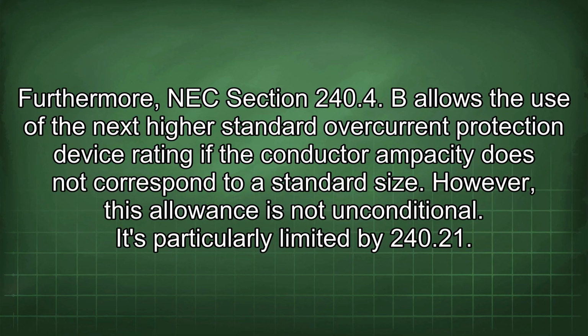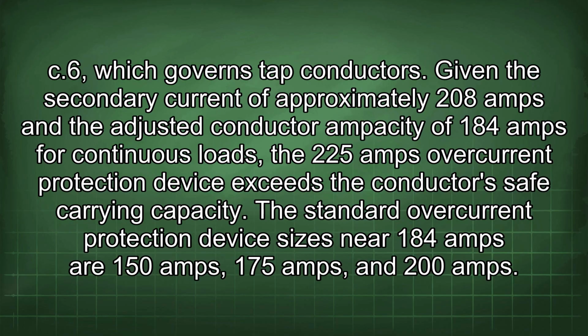Furthermore, NEC section 240.4(B) allows the use of the next higher standard overcurrent protection device rating if the conductor ampacity does not correspond to a standard size. However, this allowance is not unconditional. It's particularly limited by 240.21(C)(6), which governs tap conductors.